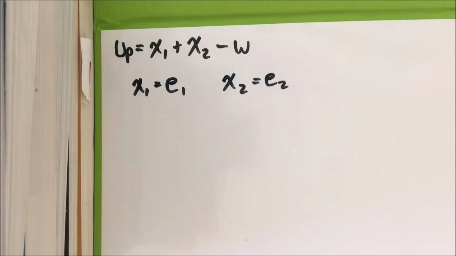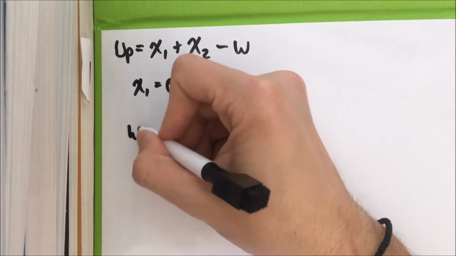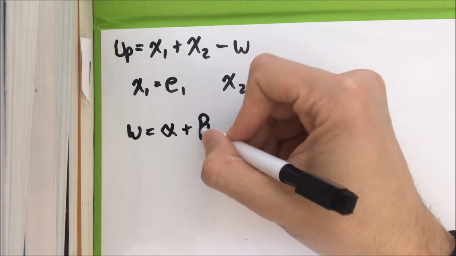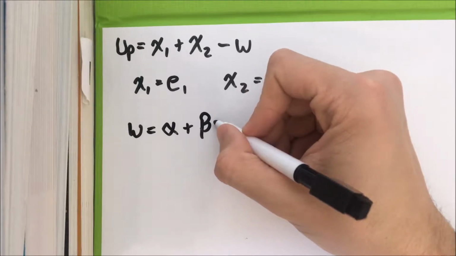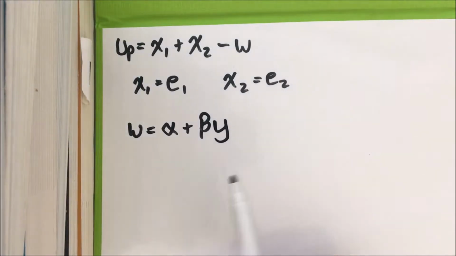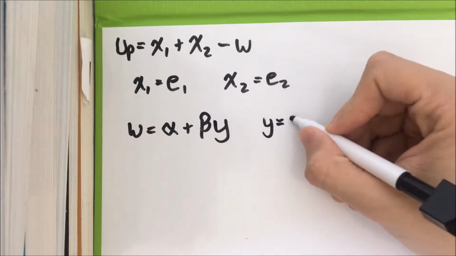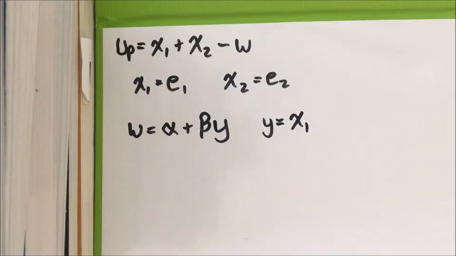We also know that the wage has a fixed component as well as a percentage of not the output, but the thing that we can measure, the performance measure, which actually just turns out to be the output from the first task.